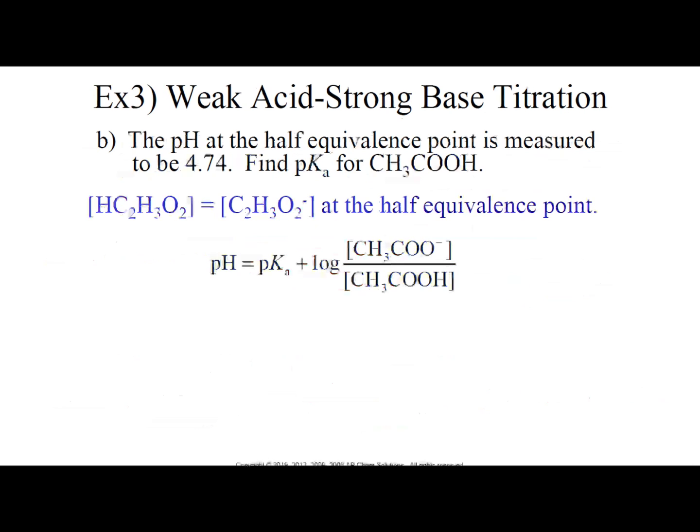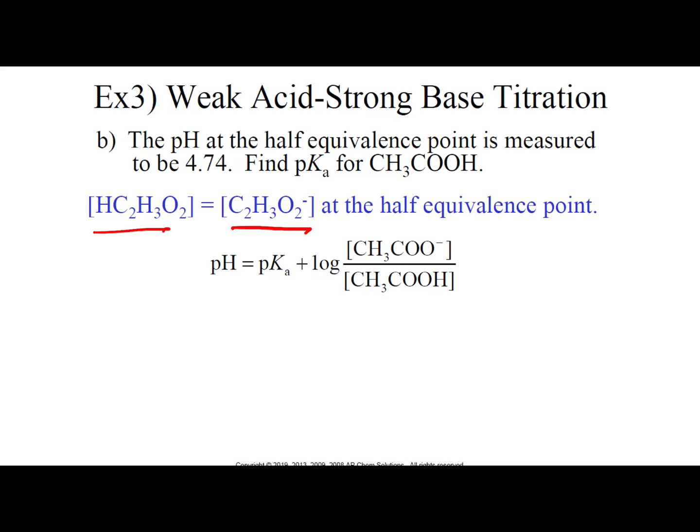To answer part B, it tells us that the pH at the half equivalence point is measured to be 4.74. Find the pKa for acetic acid, CH3COOH. What's going to happen is the acetic acid and acetate concentrations are going to be equivalent to each other at the half equivalence point.